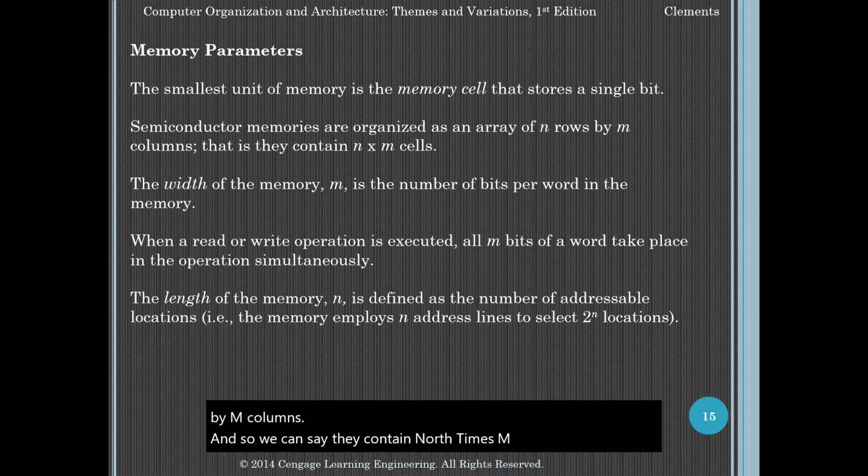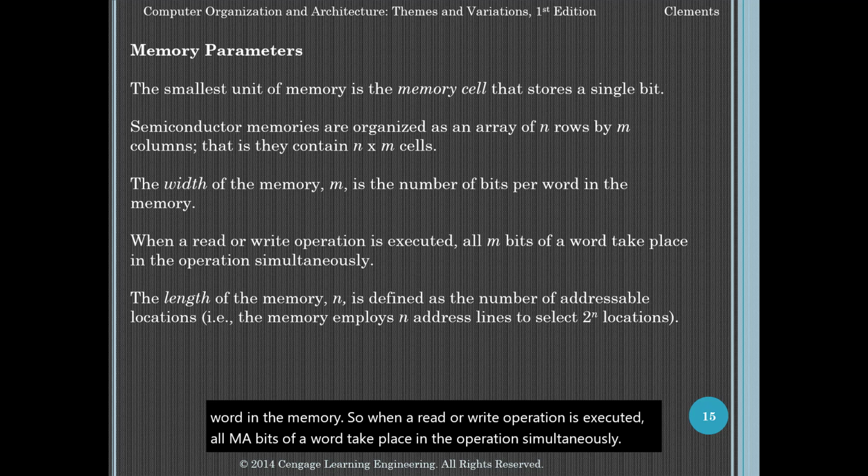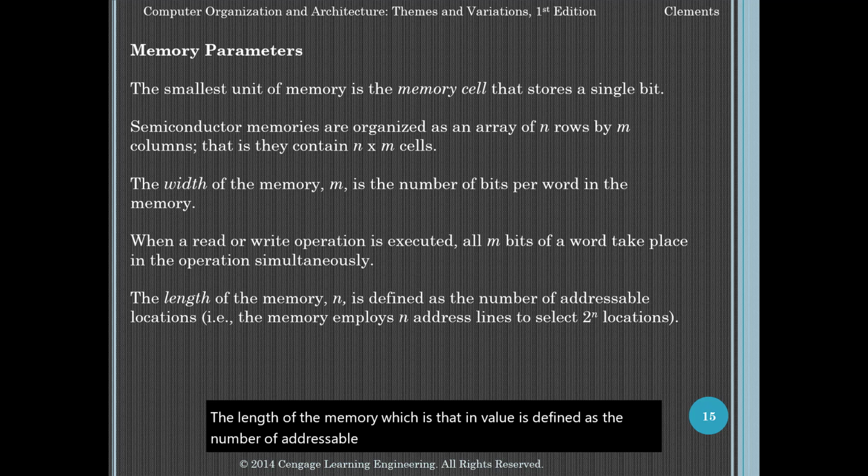And the width of the memory, which is m, is the number of bits per word in the memory. So when a read or write operation is executed, all m bits of a word take place in the operation simultaneously. The length of the memory, which is that n value, is defined as the number of addressable locations. So we have some terms in here, like width.